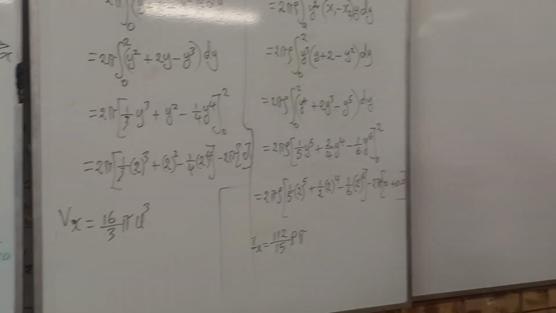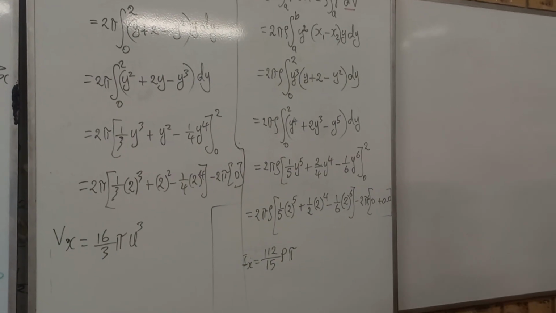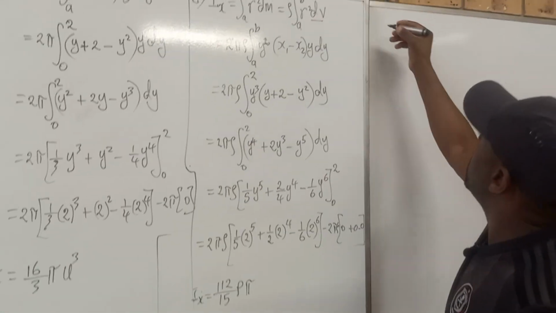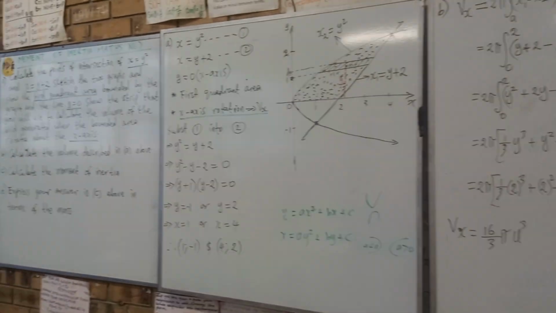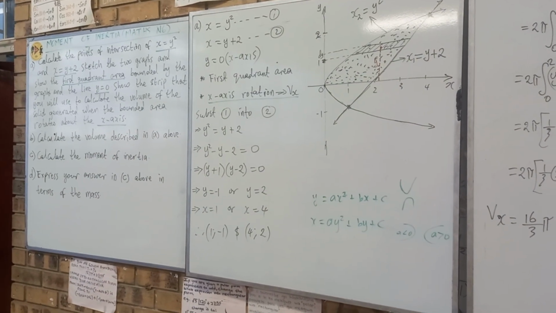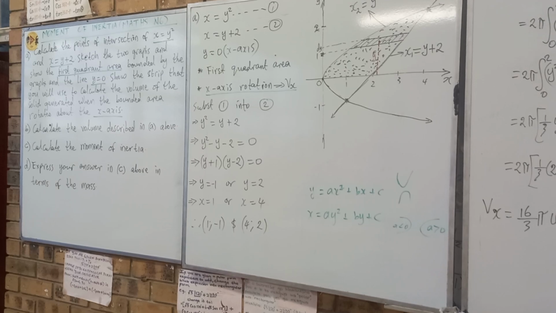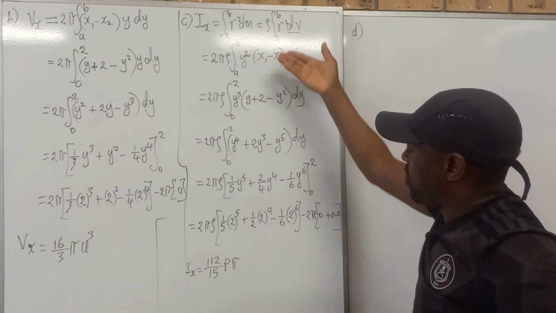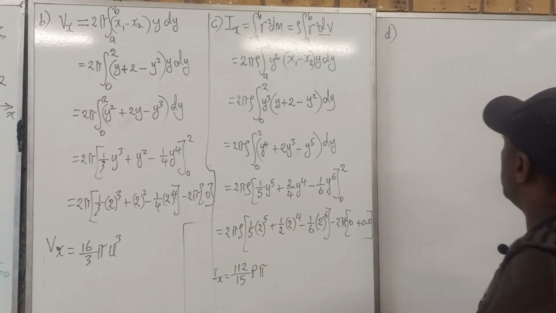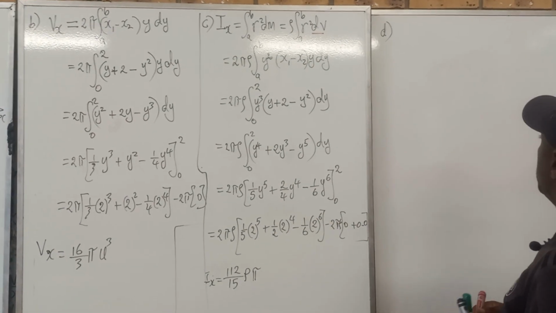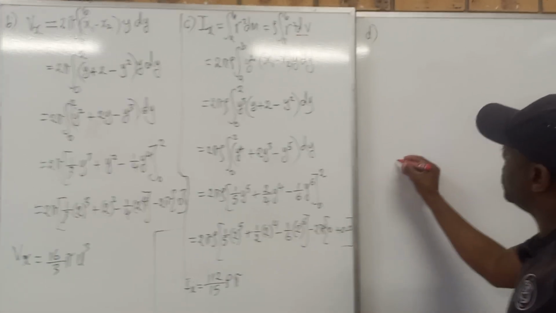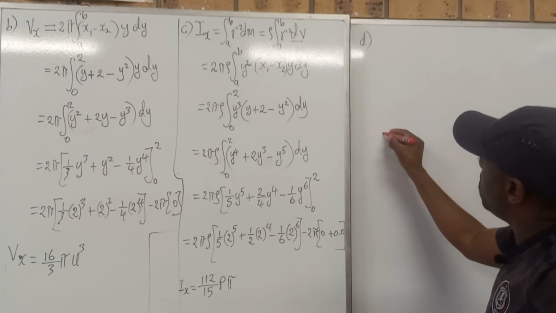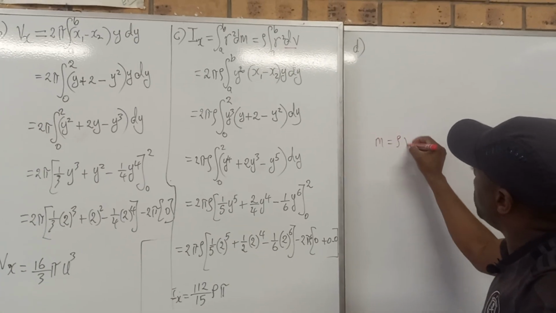So we can now look at the last part, assuming that we didn't make any mistake. The last part says we should express our answer in C above in terms of the mass. So that means we are expressing the same answer we got in C in terms of the mass. Usually when doing that, we need to go to page 5 of our formula sheet to see the relationship between mass, density and volume.